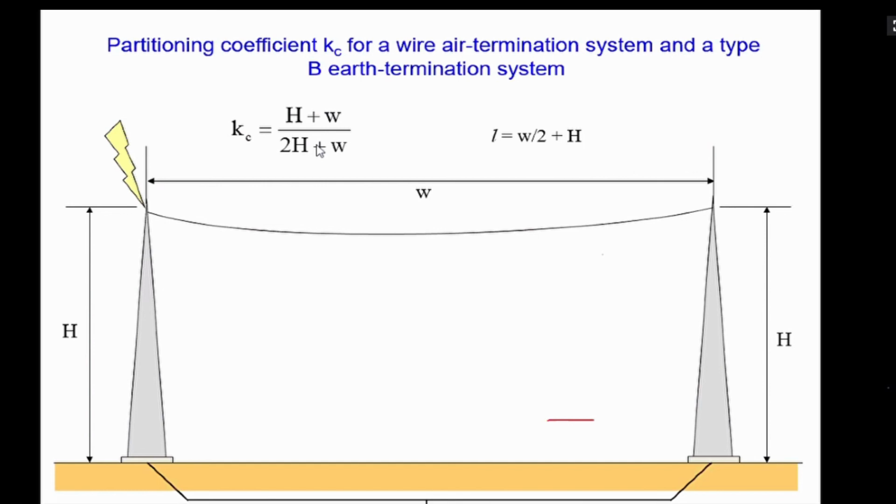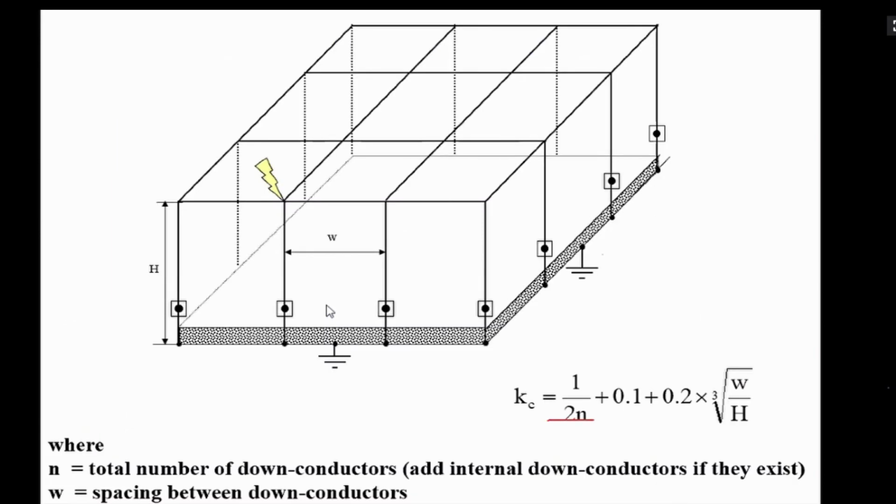Km is 1. Ki depends on the level of protection that you are adopting. And if there are integrated, interconnected down conductor systems, the Kc value calculation is a little complicated. I'm not going to an example because of the timing problem. And that is all.